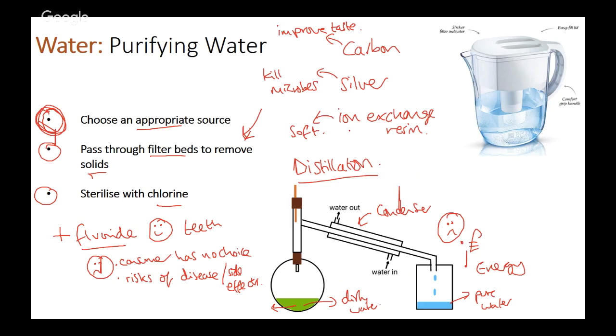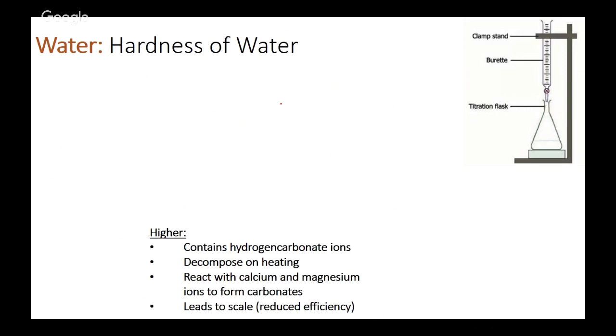Let's move on now to hard and soft water. In some areas of the UK, they just happen to have soft water, but it's all to do with the geography and the rock types around the area and where the water source comes from.